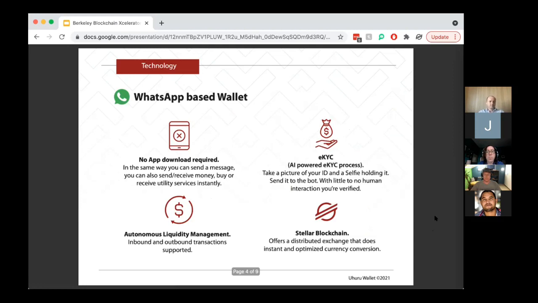So in that case, there's no need to install multiple applications. As you're chatting with your friends and family, you can just switch to our WhatsApp bot and send, buy, and receive money all on WhatsApp. And also we have enabled AI for the eKYC process, which works really fantastic.